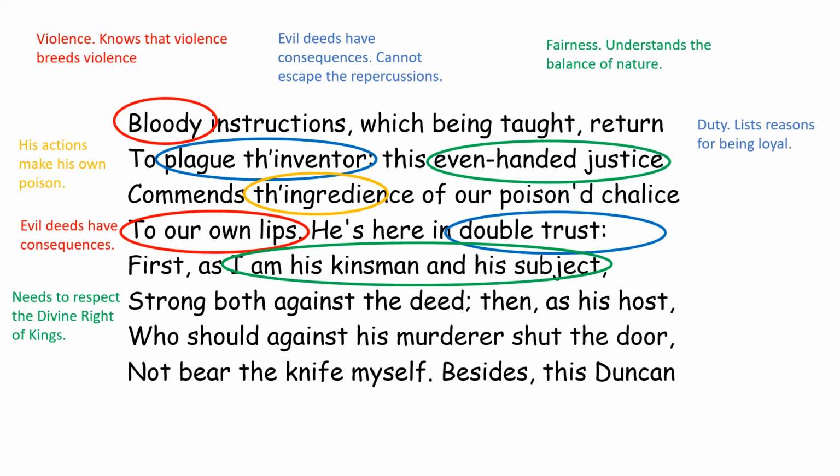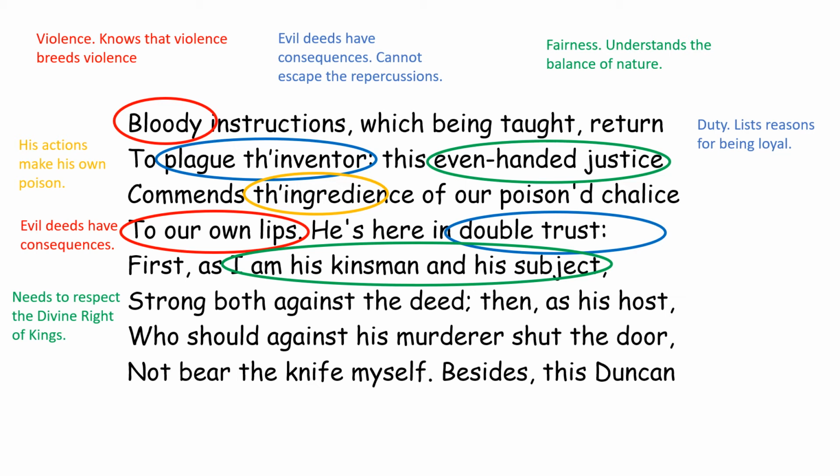So he realizes that he has a duty to his king. And up until this point, he's been an incredibly good, dutiful soldier. Those people who did try and fight against the king got their comeuppance. He was able to destroy MacDonald. He was able to send Sweno back across the sea. So he's been able to maintain that social order at this point.